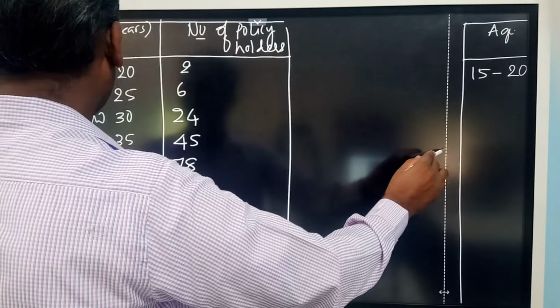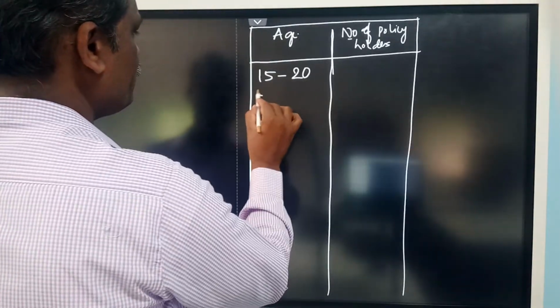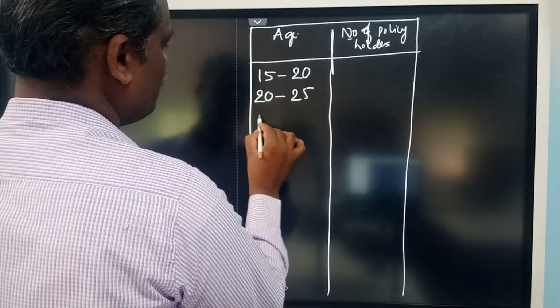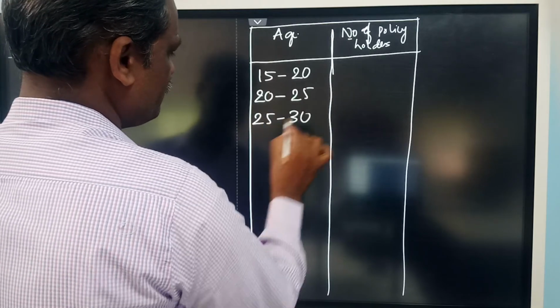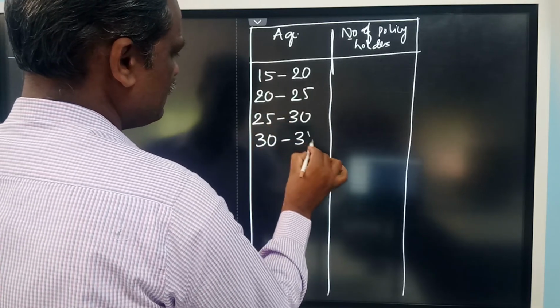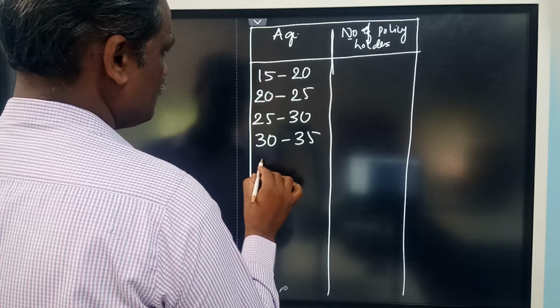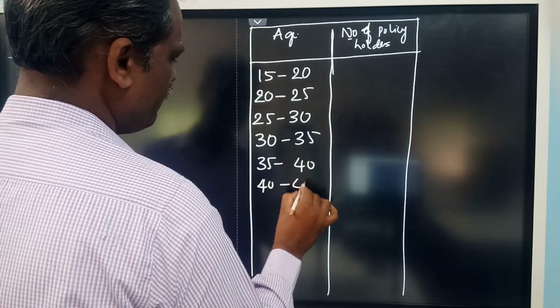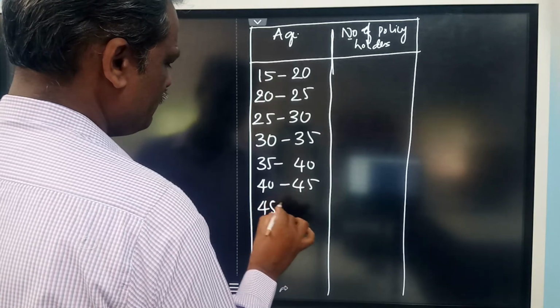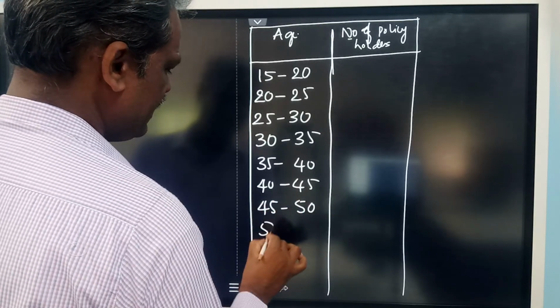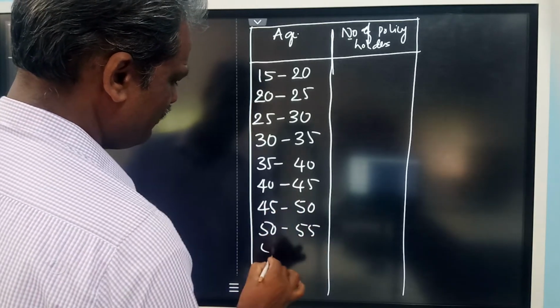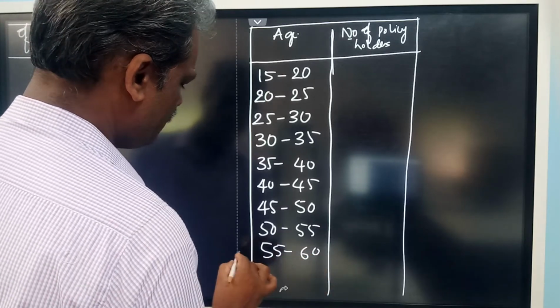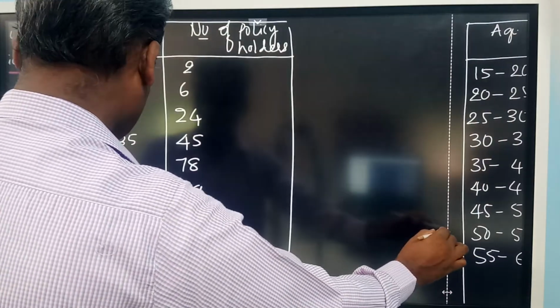Then 20 to 25, 25 to 30, 30 to 35, 35 to 40, 40 to 45, 45 to 50, 50 to 55, then 55 to 60. Up to 60, but 60 will not be included there.